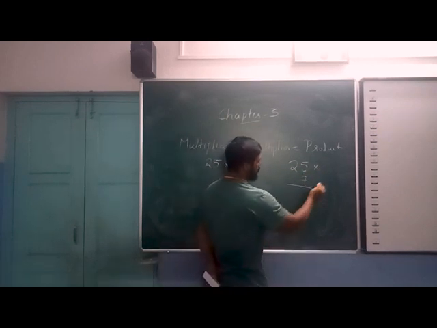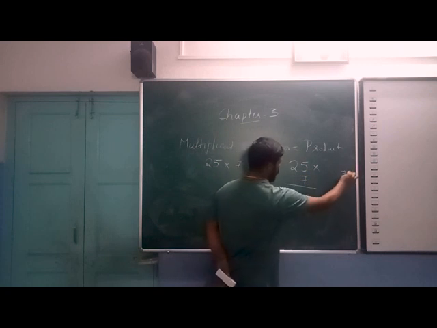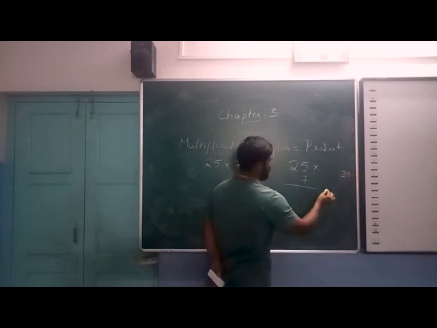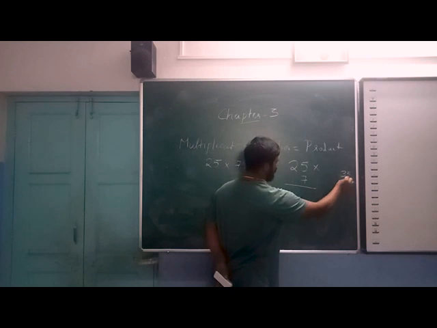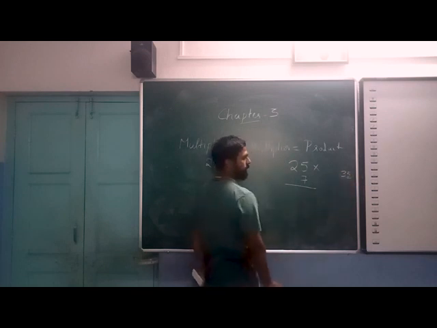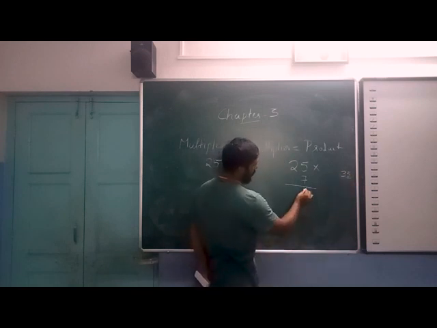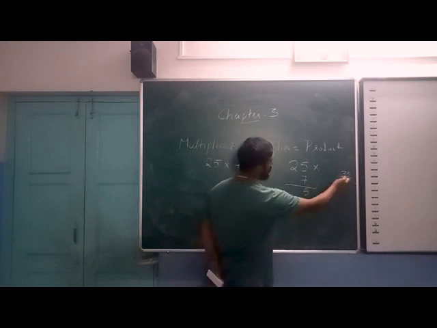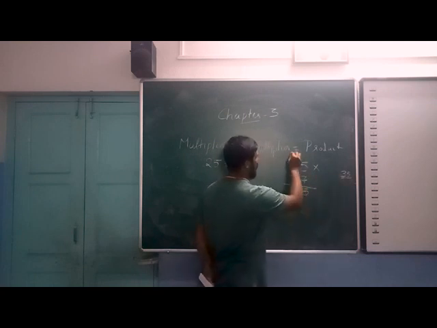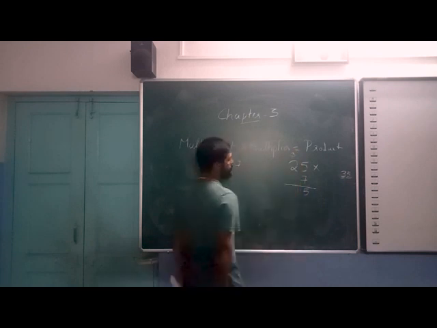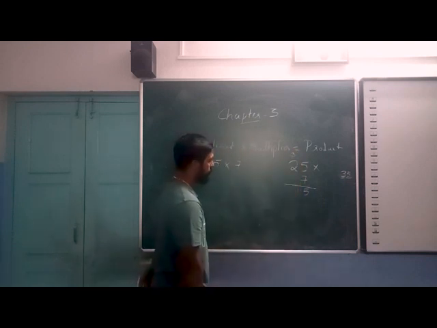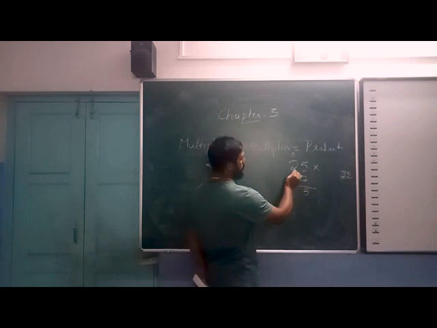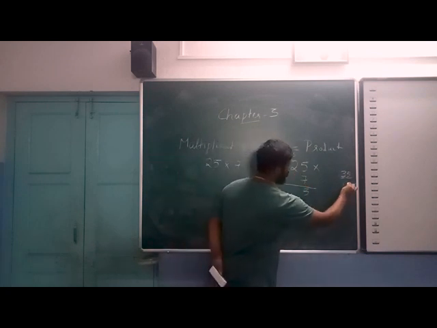First of all, multiply this number. 7 5s are 35. So we write here 35. Since it is bigger than 9, we take only the one digit number, that is 5 here. And what is the balance here? The 3. 3 is written on the top. Now multiply 7 into 2. 7 2s are 14.